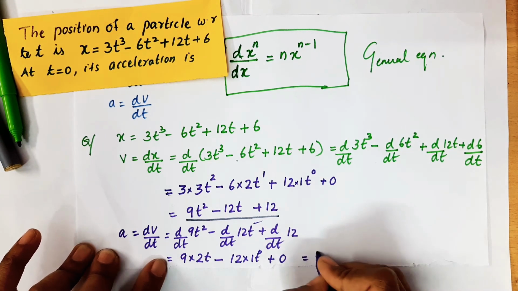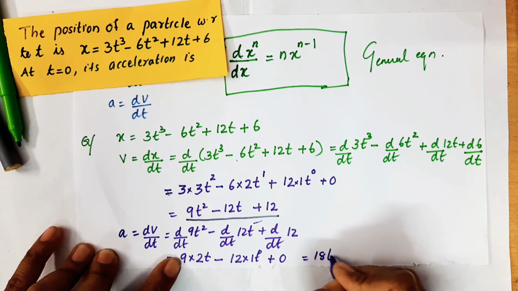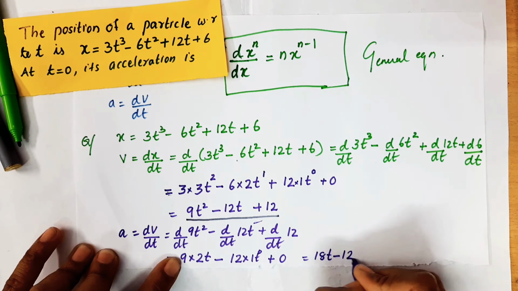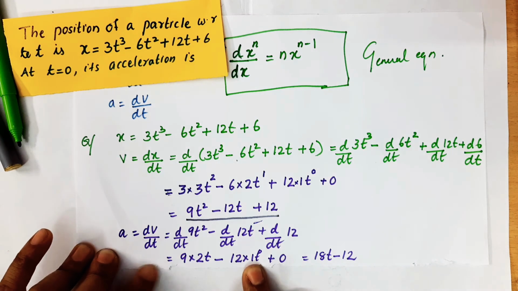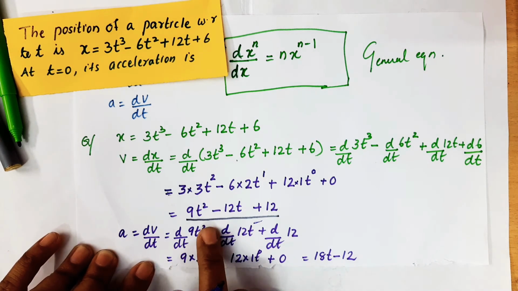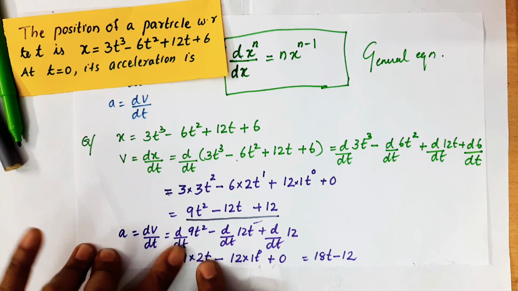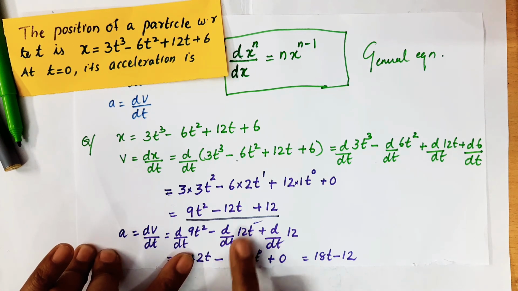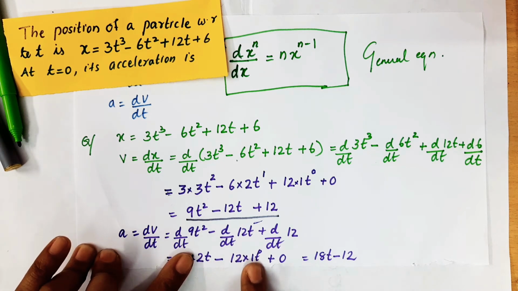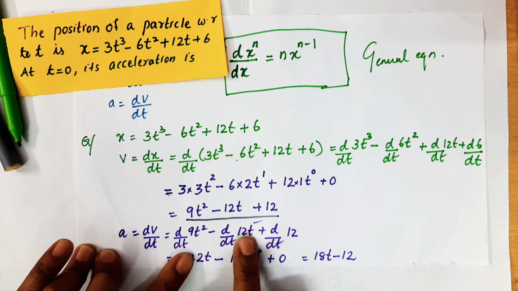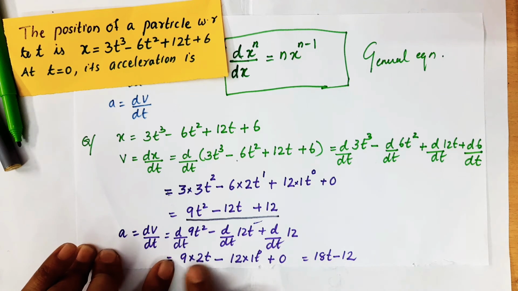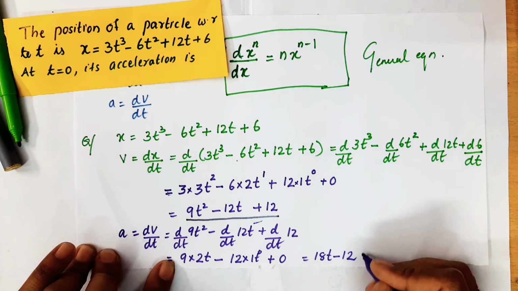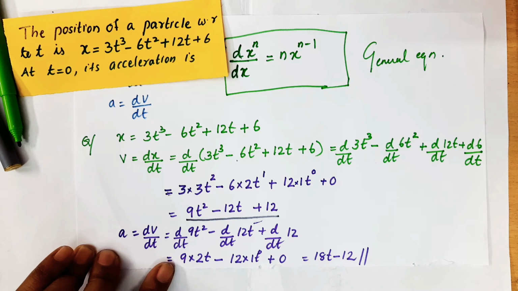So I am getting 18t minus 12, because any number raised to 0 is 1. Can you check it once? 12t, I can write it as 1t power 0, plus 0, equals 9 into 2, 18t minus 12. So this is your acceleration.